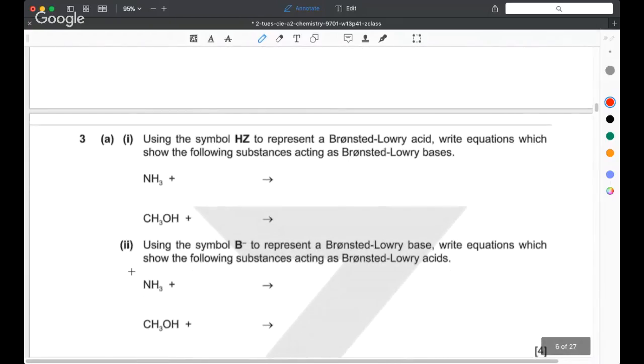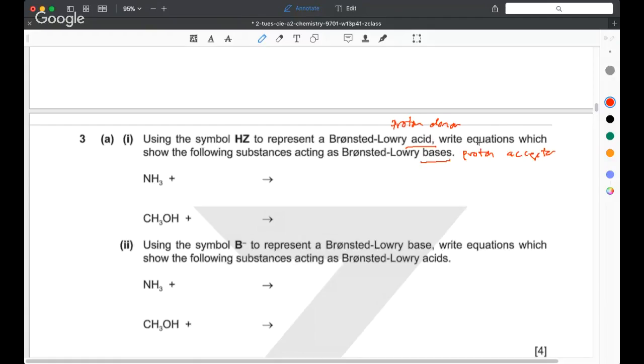Now, you'll remember your definitions of a Bronsted and Lowry acid. Of course, that's a proton donor. And of course, the converse for that, for a Bronsted and Lowry base, it's a proton acceptor.